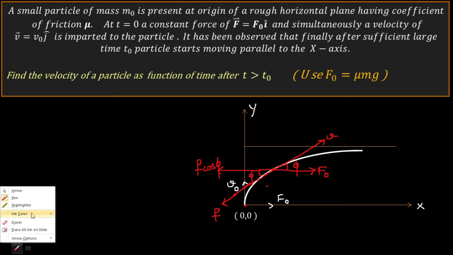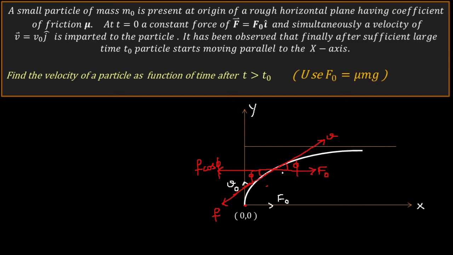So the net force along horizontal is F0 minus F cos phi. I can write this as m times the acceleration along horizontal, dvx by dt, which is what we are supposed to find. After a long time, it will have only horizontal velocity.